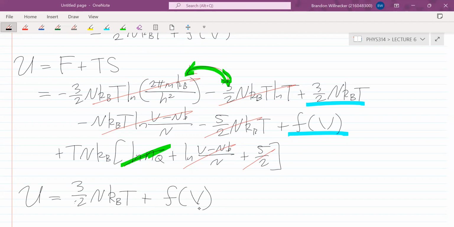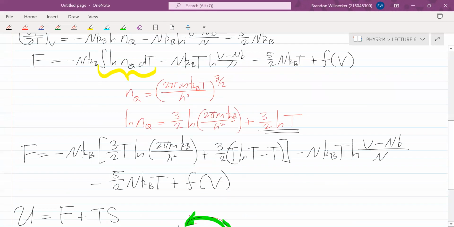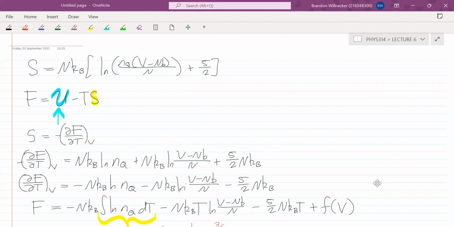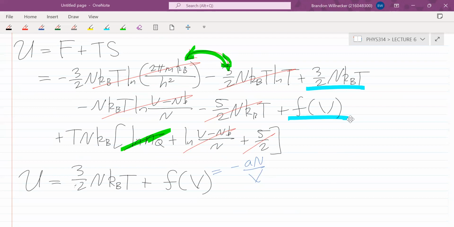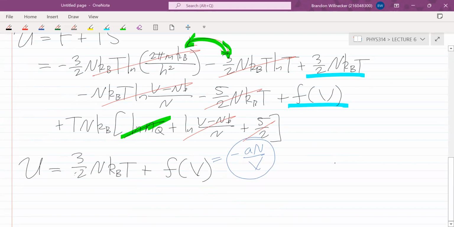Okay, and again, if you remember from hand-in problem 4, I think it was, this function of V, that was minus aN over V. Okay, but you don't have to worry about that here. Okay, so just given this entropy here, if you do the calculations, this function of V is undetermined. Okay, but if I give you the total free energy, then it includes this term over here. Okay, but just with what we're given, this is going to be the final answer.